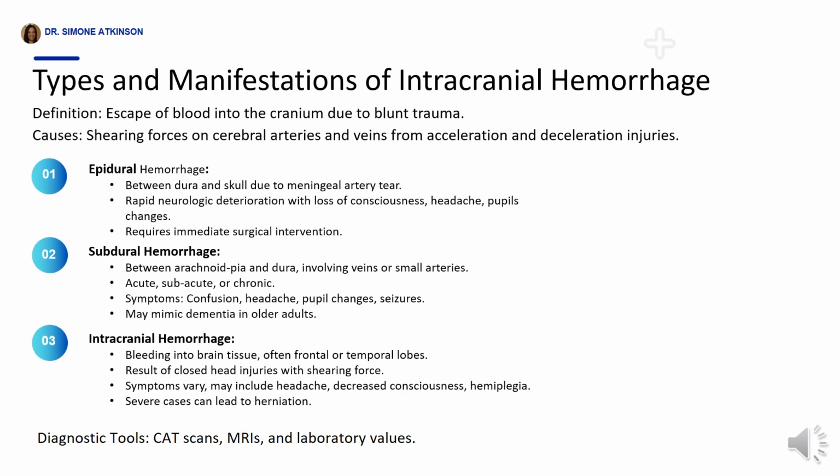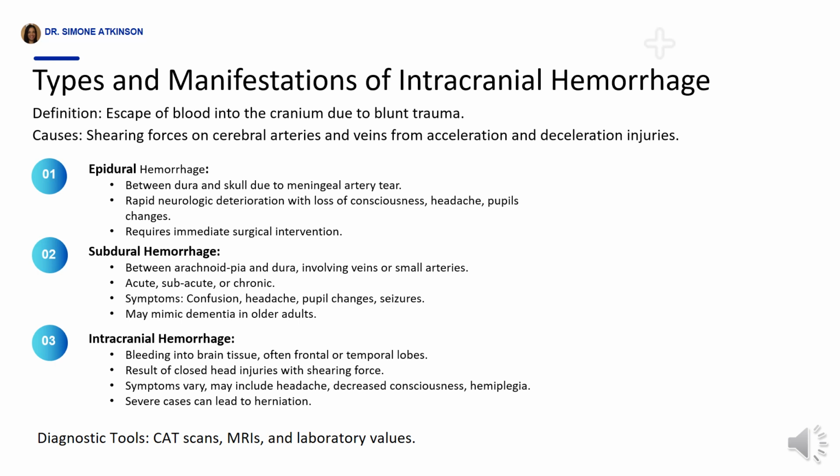As a reminder, keep in mind that epidural hematoma develops between the dura and the skull, where the hematoma forms and strips the dura away from the skull. It typically occurs due to a tear in a meningeal artery, leading to rapid expansion and a quick deterioration in the client's neurologic status.